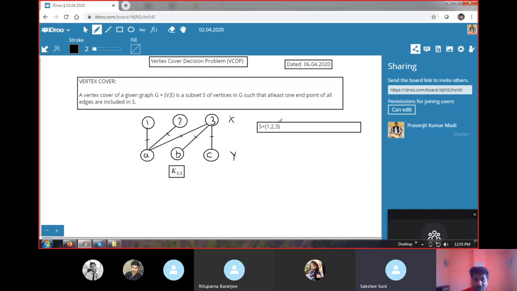So we can find one such subset S of V such that at least one endpoint of all the edges is covered. So this S is here a possible vertex cover of G.